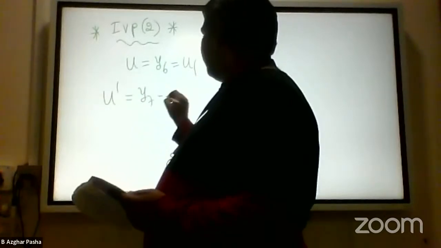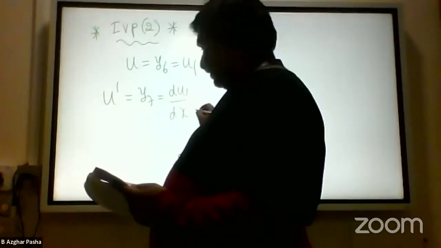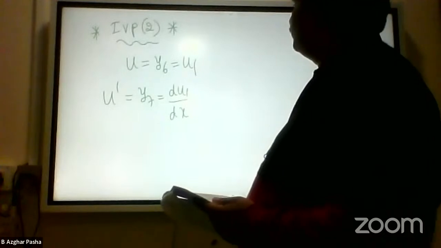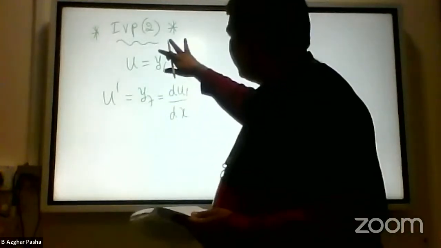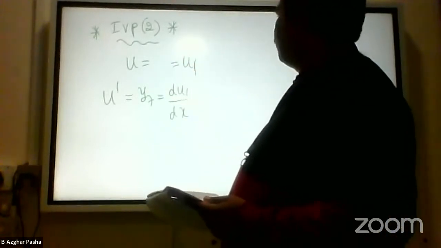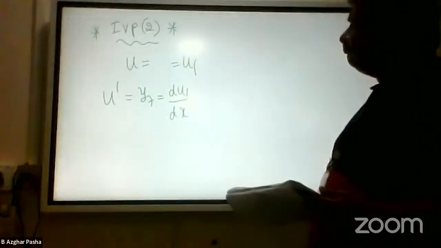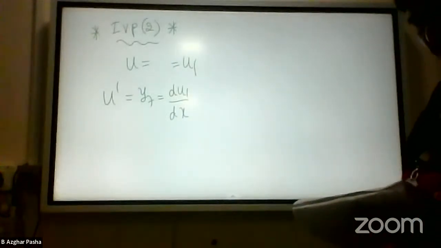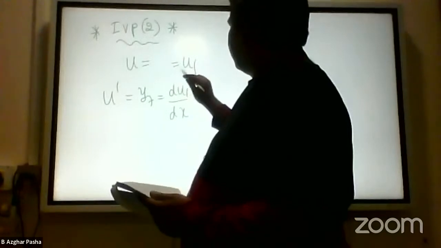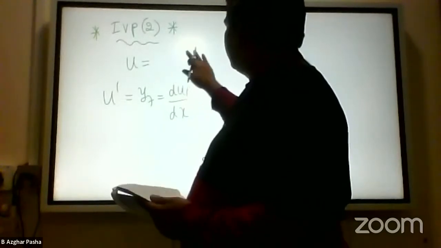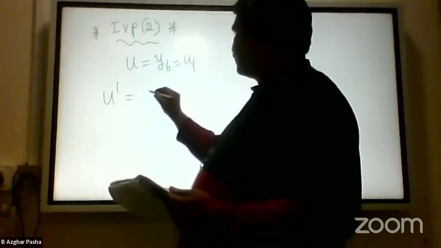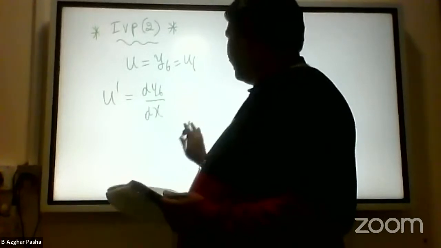U dash is y7, nothing but du1 by dx. Simultaneously, I will give the code for the program also. Continue numbering: y6, which is u1. U dash stands for the derivative of y6 with respect to x.